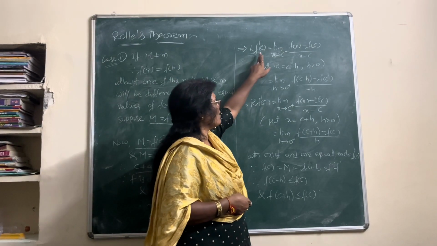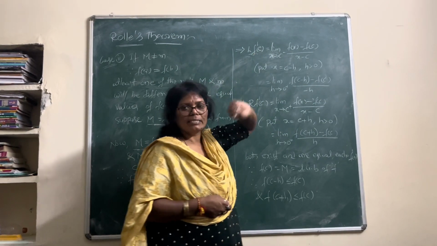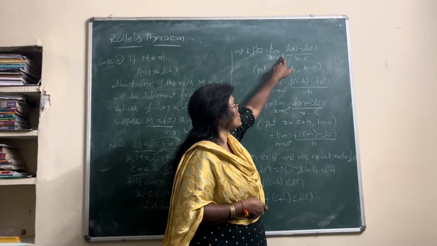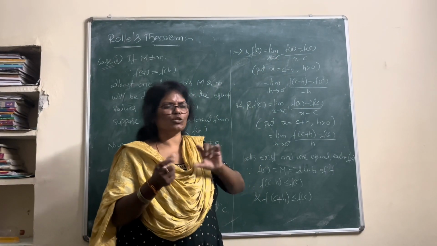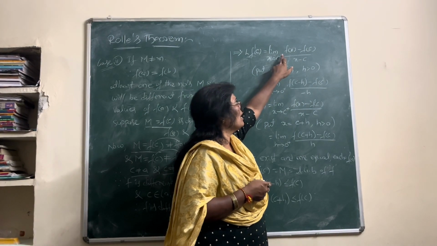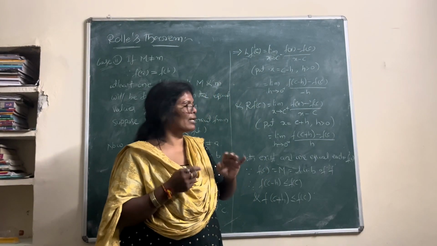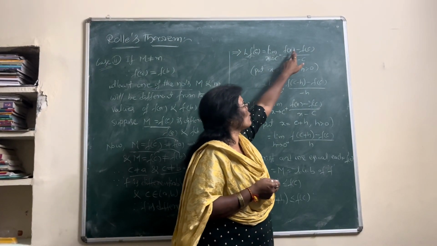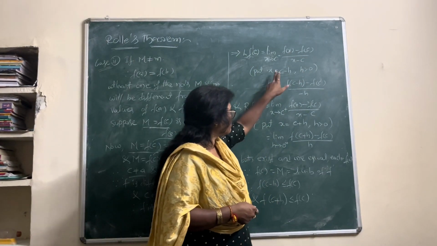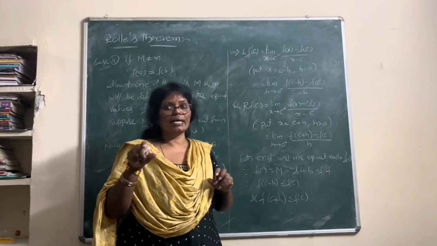So here Lf dash of c is the left hand derivative at the point c. That should be defined as limit x tends to c minus, with the minus sign for the left hand derivative, of f of x minus f of c by x minus c. And we put in instead of x, c minus h, where h is positive.